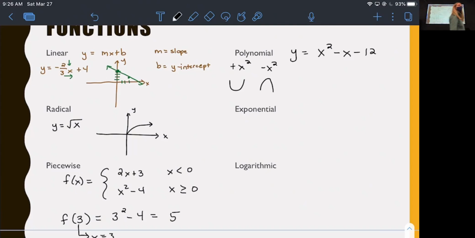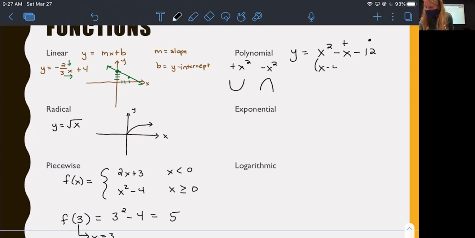You could also factor it to find the x-intercepts. Do you guys remember how to factor x squared minus x minus 12? Yep, so you've got to multiply to negative 12 and add to negative 1. The numbers that multiply to negative 12 and add to negative 1 are negative 4 and positive 3.